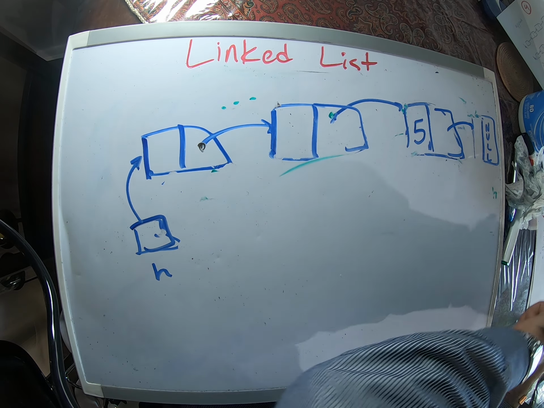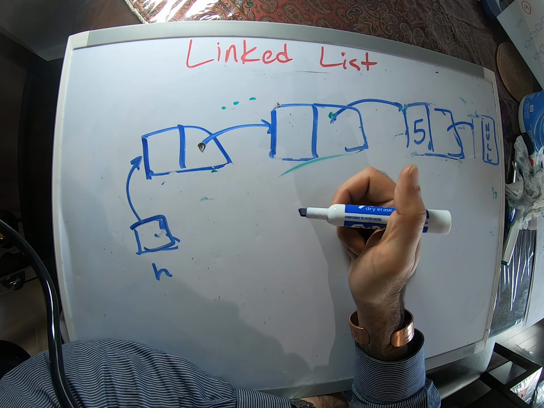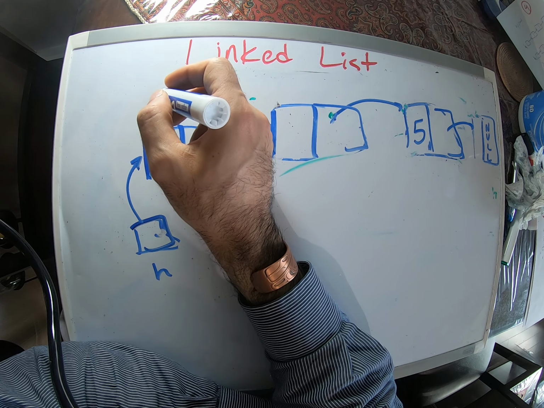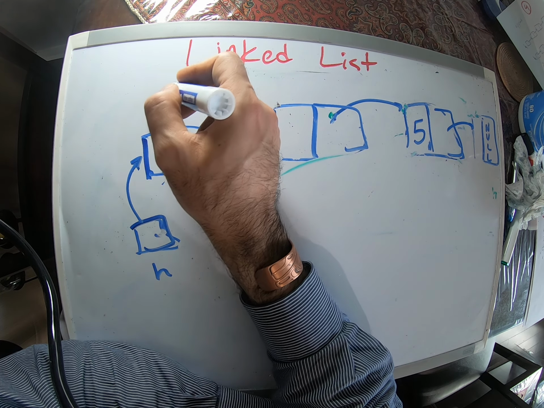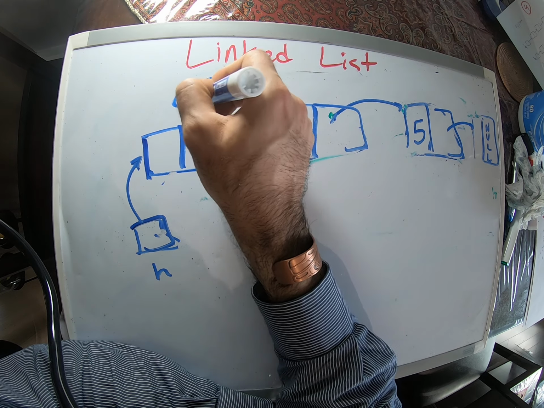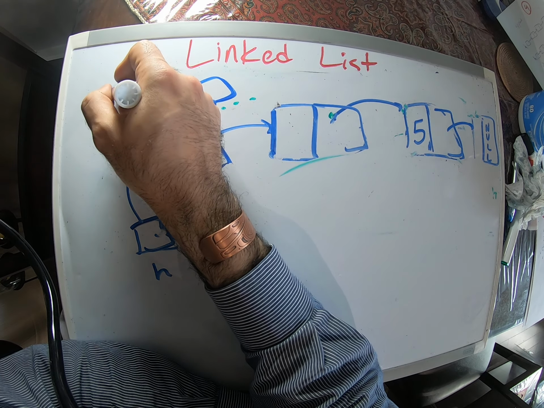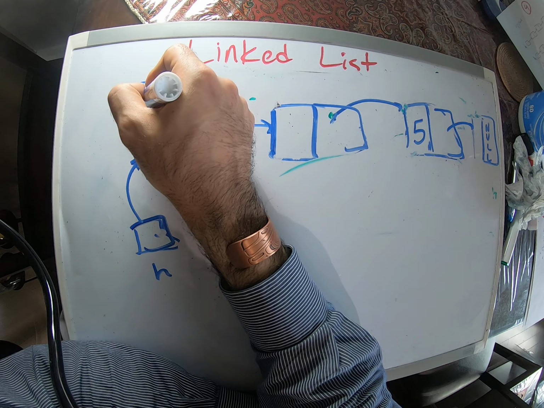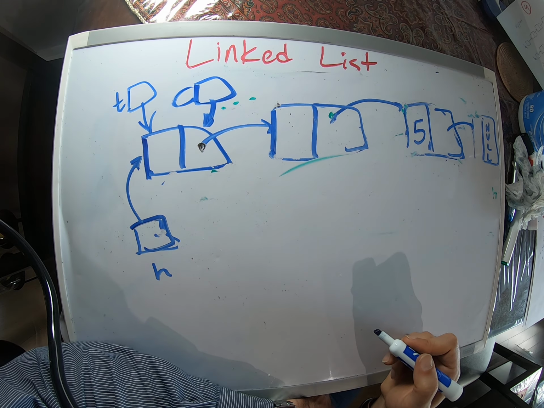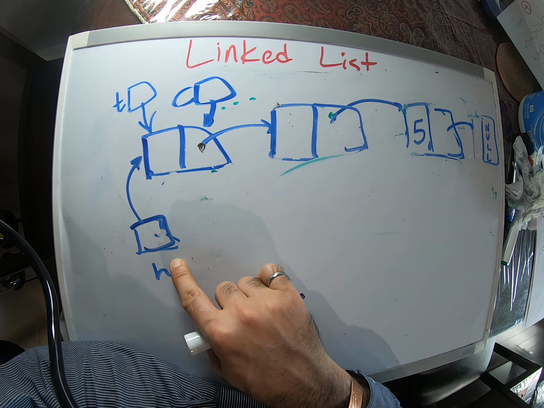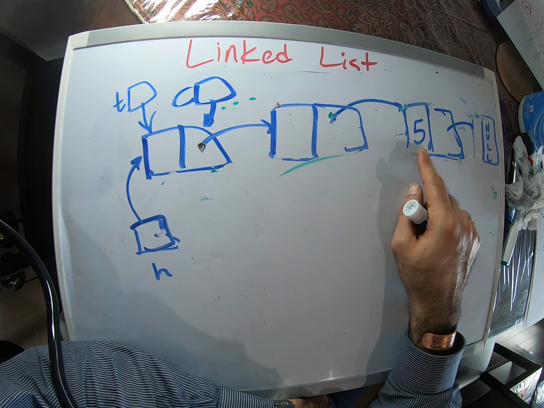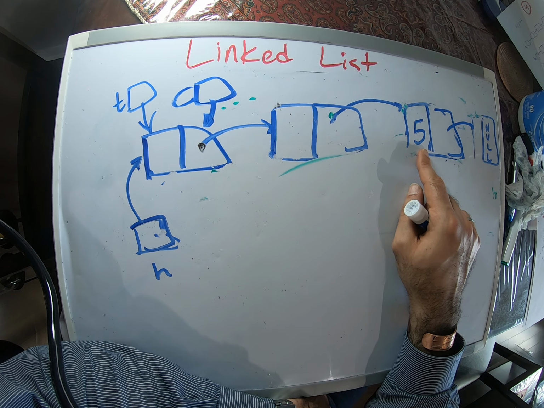Okay, so again, I'm gonna have 2 pointers. One is let's call it current, one is called temp. Okay, I have on my head pointer, and I wanna delete this one.